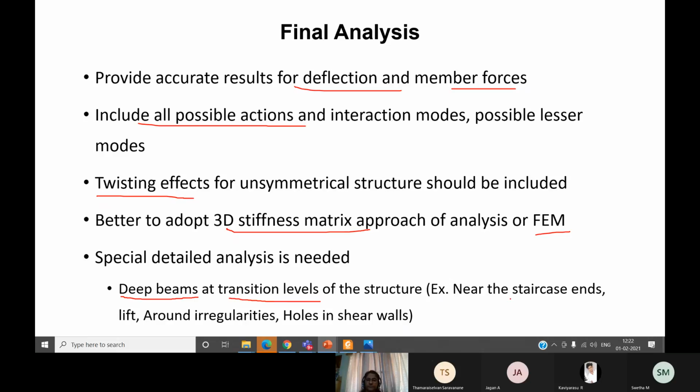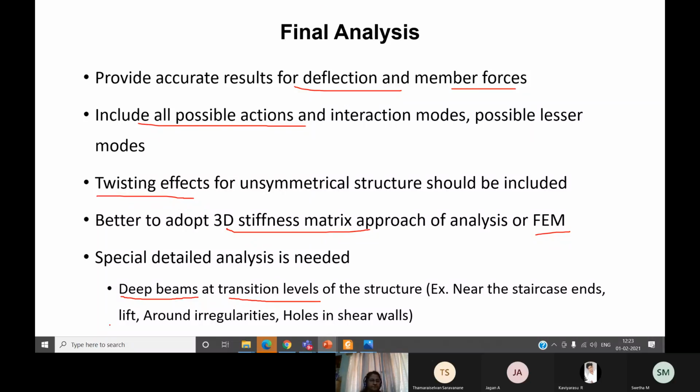For example, near the staircase you have a deep beam provision. If it is a bigger spiral staircase, or the number of treads or rises increases, at the end of the staircase you can see a deep beam there. So that has to be given special attention. Special detailed analysis is required when you go for a final analysis.